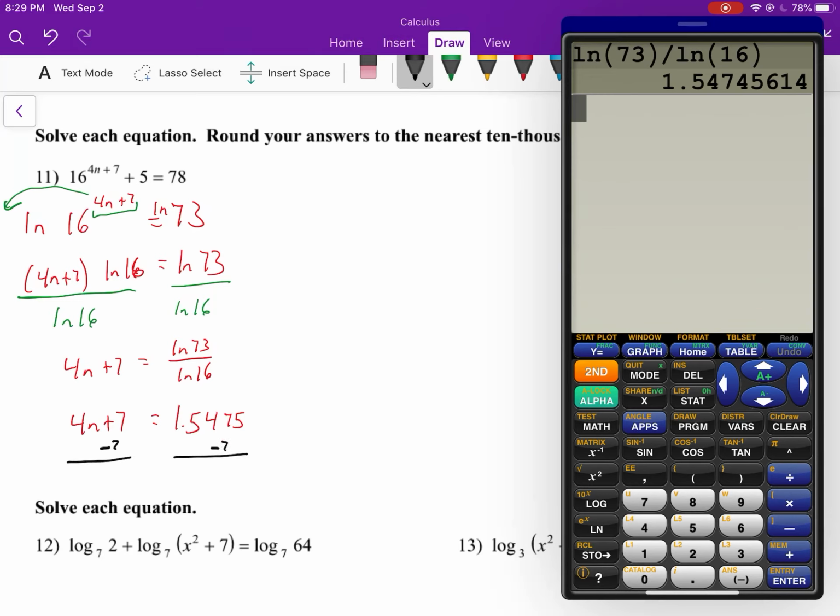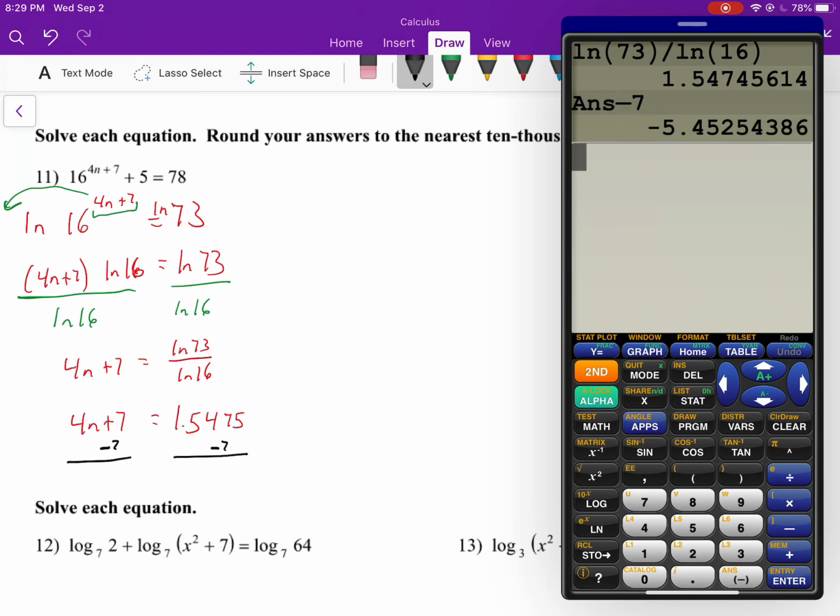So subtract 7. And so over here on the calculator, I can just push minus 7. And that gives us 4n equals negative 5.4525. And then lastly, we would divide both sides by 4.